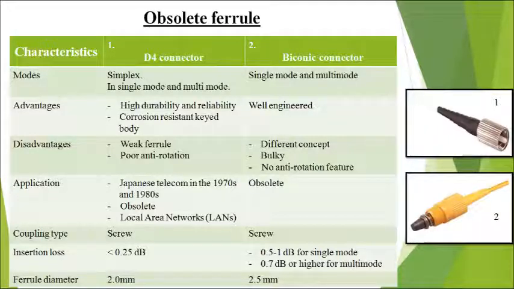Biconic connector uses a screw type of coupling. The insertion loss is 0.5 until 1 decibel for single mode and 0.7 decibel or higher for multi-mode. The ferrule diameter for the Biconic connector is 2.5 mm.